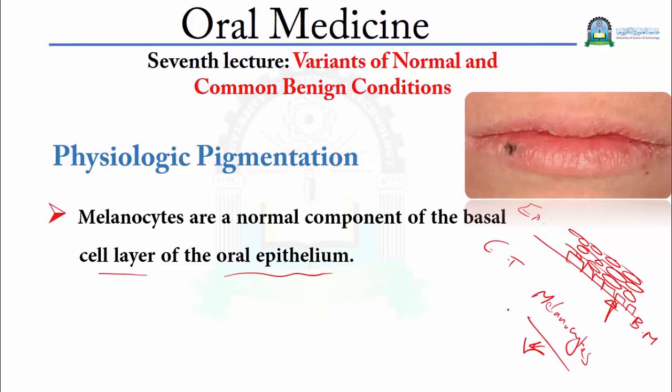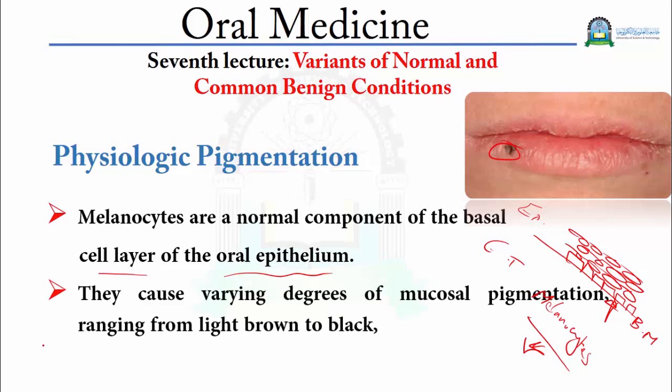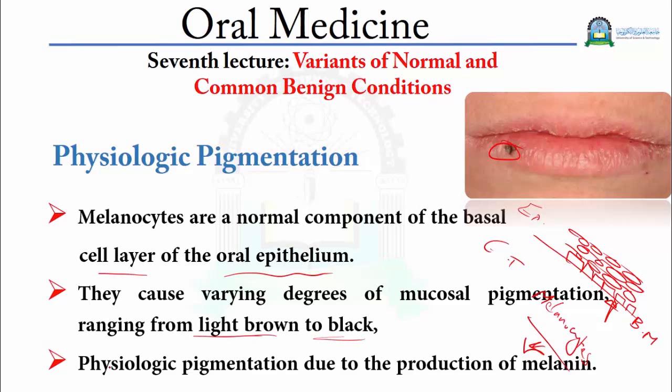This melanin is a physiological pigment, so it can be presented as melanotic macules or a physiological melanin pigmentation due to over-secretion of the melanin by melanocytes. Clinically, it can be presented as light brown or black discoloration in the skin or the oral mucosa.